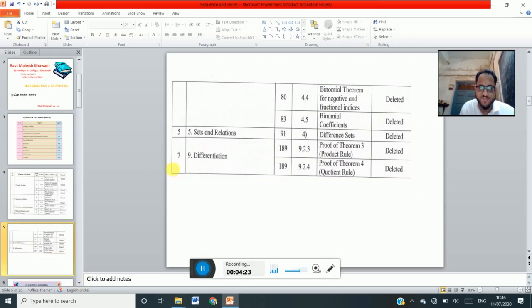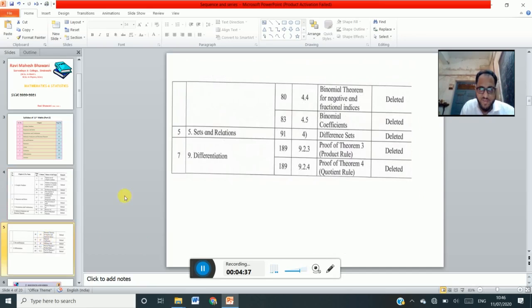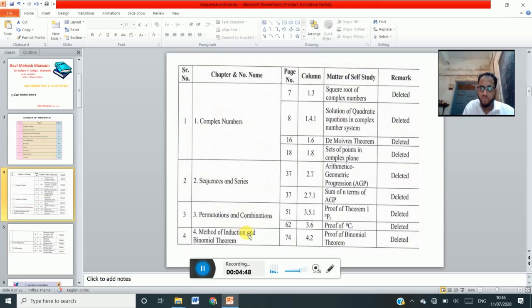And next chapter is sets and relations. From the chapter method of induction and binomial theorem, the proof of the binomial theorem, and also the binomial theorem for negative and fractional indices and binomial coefficient, are deleted. This is the part of chapter number 4, right?